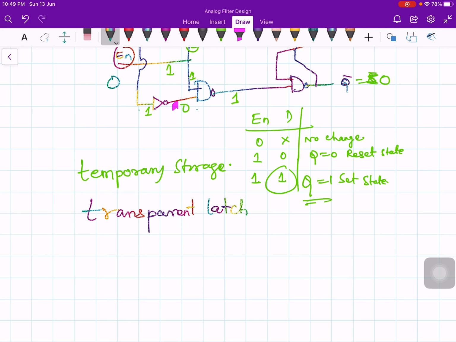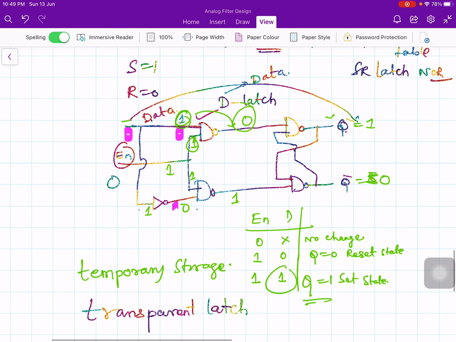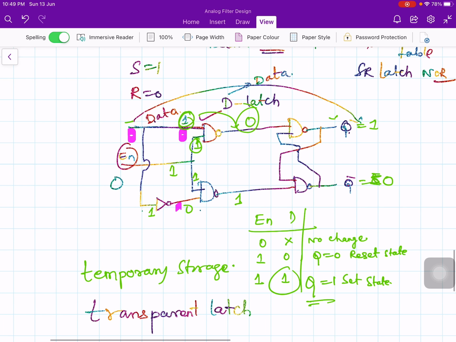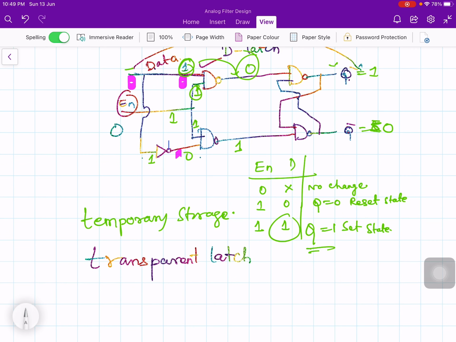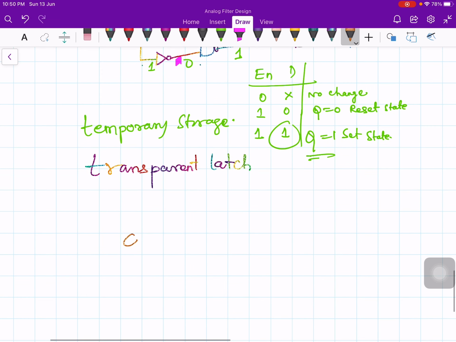Now one more point I would like to mention here. Instead of drawing the circuit again and again, either 4 NAND gates and 1 NOT gate like that, one can draw the compact symbol, something called block diagram representation.